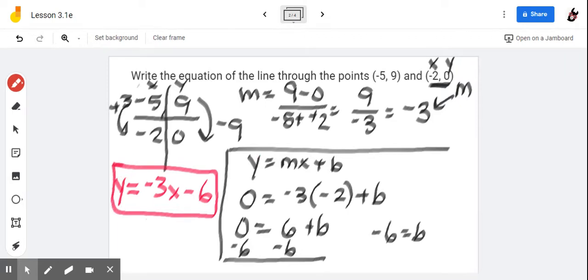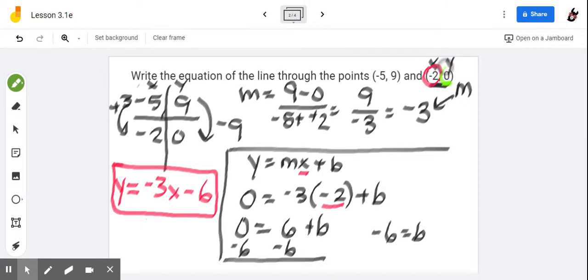All right, so the first thing we did, either use a table of values or use the slope formula, find your slope. Then choose a point, whichever one you want to use. We could have easily done (-5, 9). You substitute the values in. So this -2 went right here where the x was.